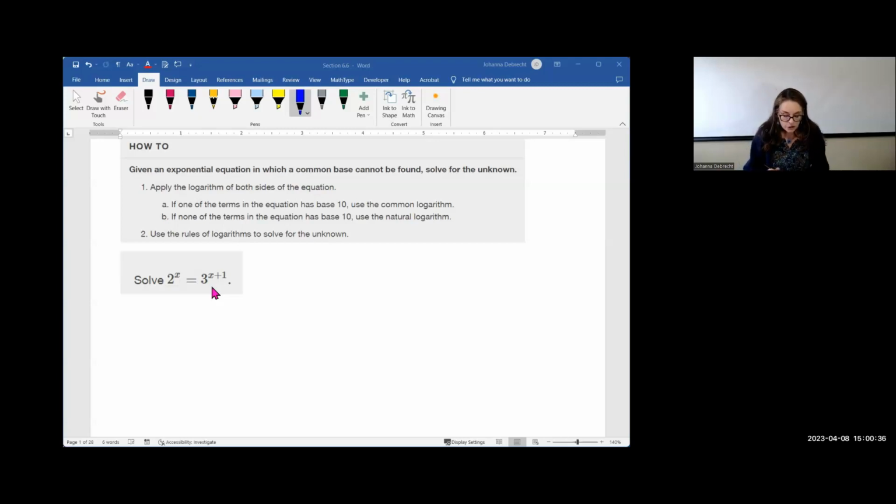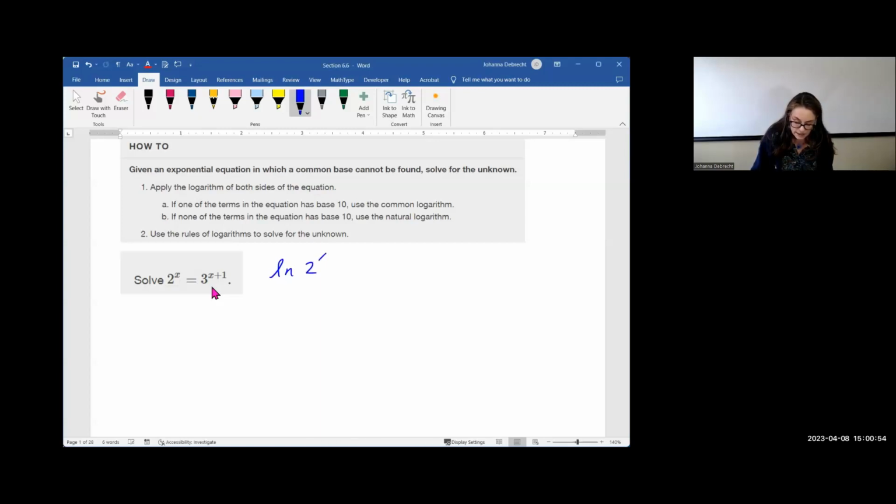So because these are not powers of the same number, we have to use logarithms to help us solve. We're going to apply the natural logarithm to both sides of the equation.